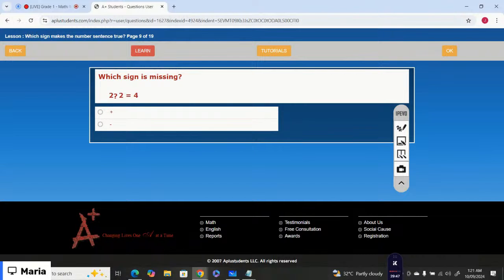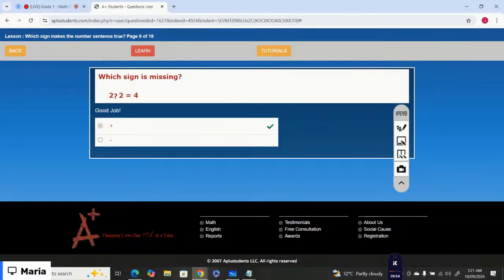Yes, you need to add. So 2 plus 2 makes 4. Option number 1 is the correct option. You simply have to add them.